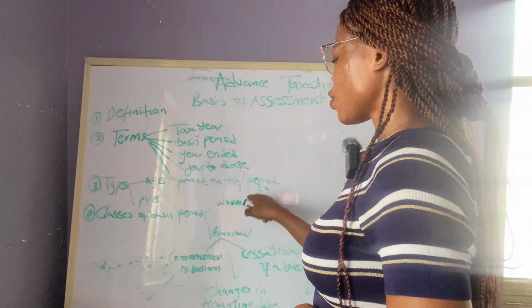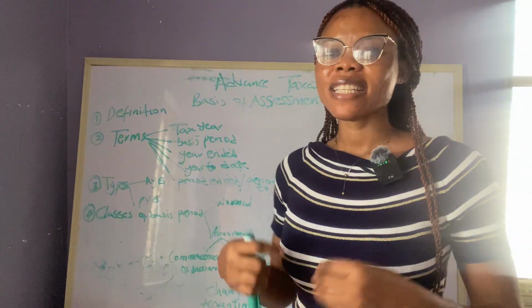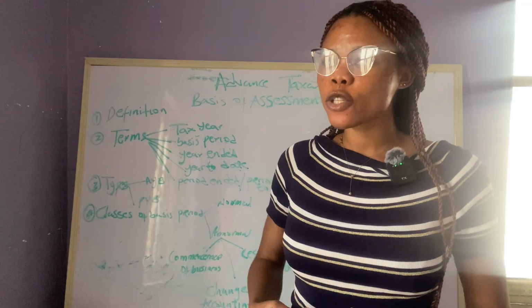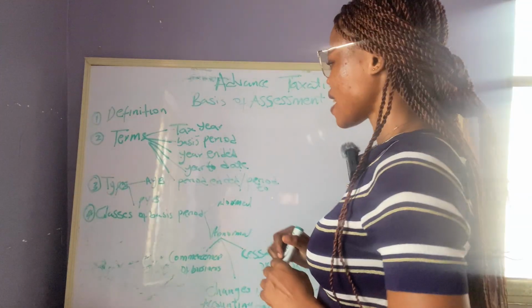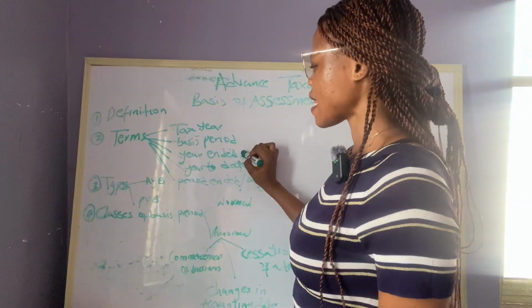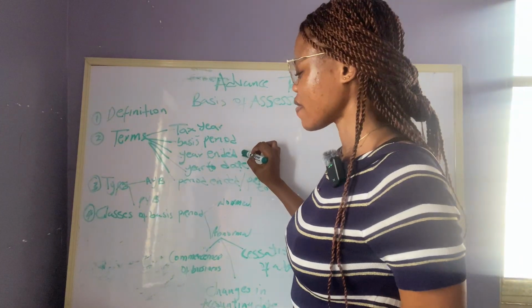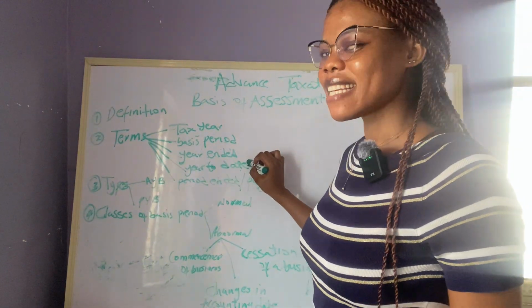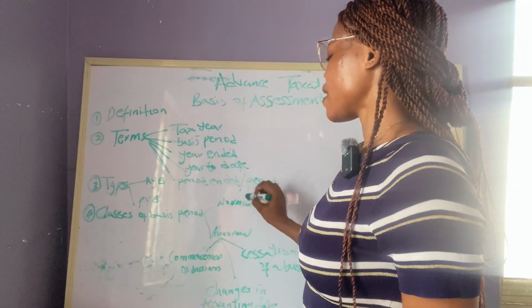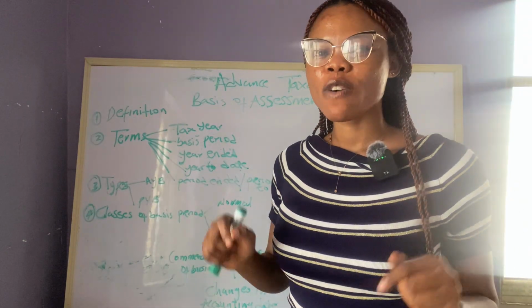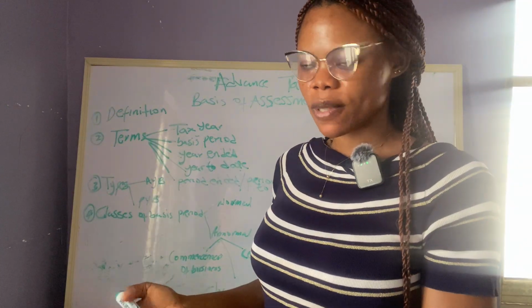Then period ended or period to date is a basis period that has exactly 12 months or more than 12 months. So now you see, year ended has exactly 12 months, right? Year to date has either exactly 12 months or less, then period ended or period to date has exactly 12 months or more than 12 months.